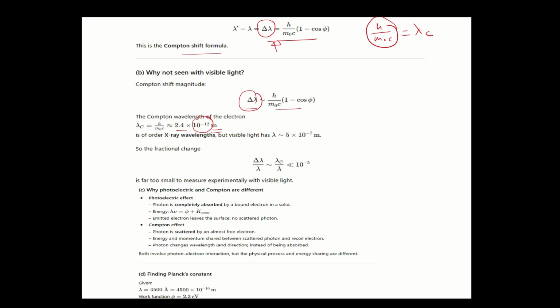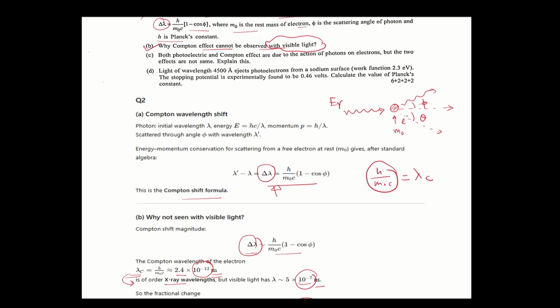But in case of visible light, the wavelength is of the order of 10 to the power minus 7 meter approximately. Here the Compton wavelength matches the order of the X-ray wavelength. So if we find the fractional change in the wavelength, it is very much less than 10 to the power minus 5. That's why you cannot see the Compton effect in visible light. It's far too small to measure experimentally with visible light.